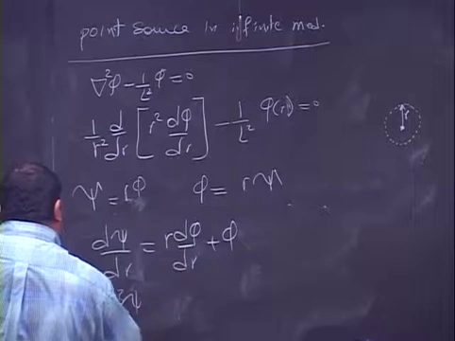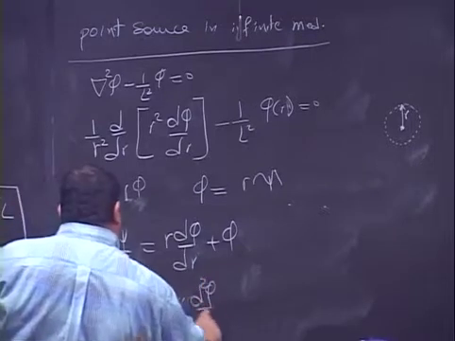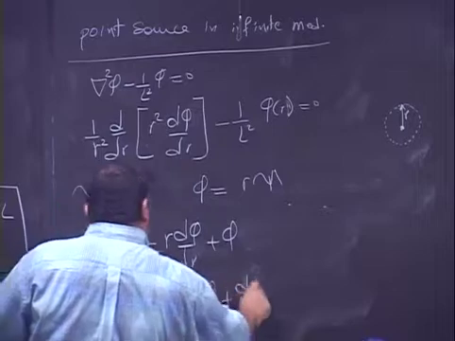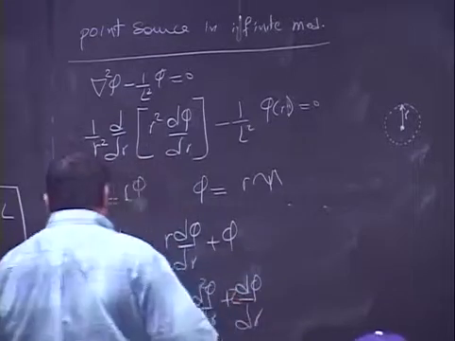d2 psi by dr square is equal to r d2 phi by dr square plus d phi by dr multiplied by 2.